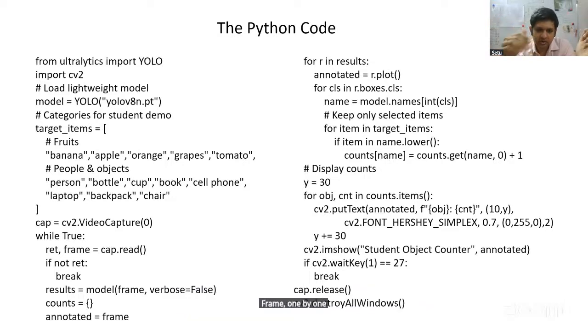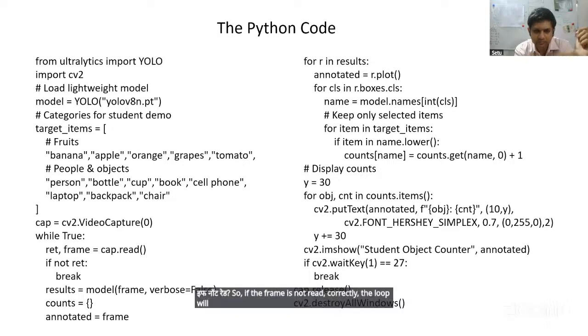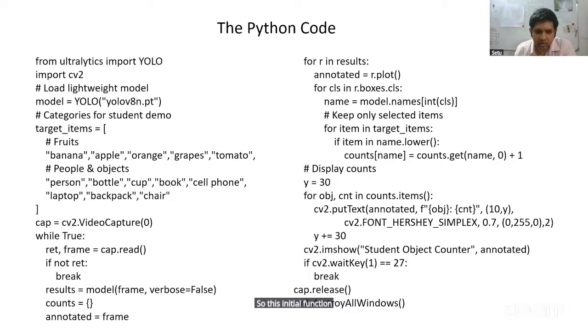The initial function is ret comma frame is equal to cap dot read, so it reads the frame of the webcam. Second is if not ret: if the frame is not read correctly, the loop will exit, break. So this initial function after the while loop is just to read the stream from the camera.